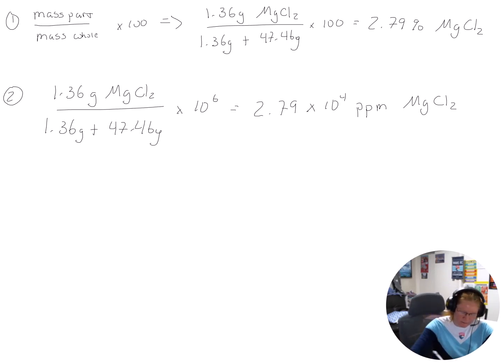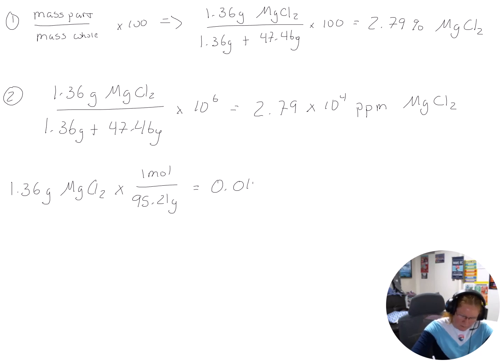Okay, so we've got 1.36 grams of magnesium chloride times 1 mole in 95.21 grams, and we'll get 0.0143 moles of magnesium chloride.